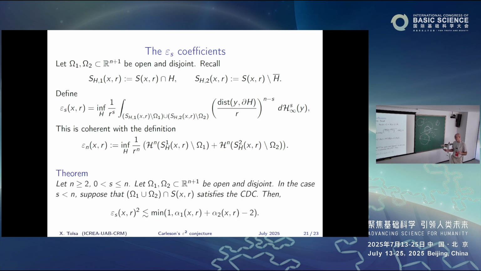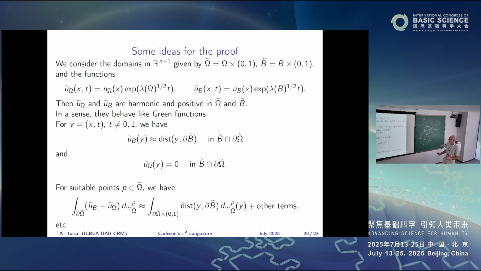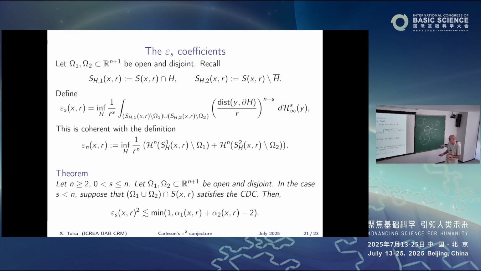Okay, we have proved, using that previous theorem about the Faber-Krahn inequality, this one: that epsilon s is bounded by this coefficient, in particular also epsilon n. So these coefficients dominate all epsilon n and also the ones with lower dimension s, for s between 0 and n.